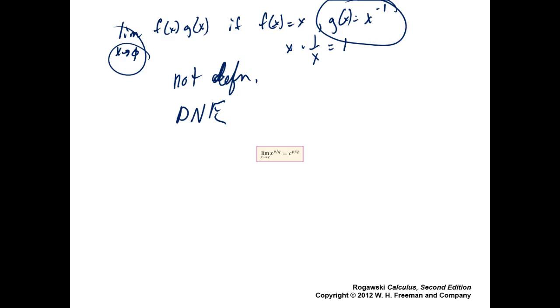Okay, number 2. Which of the following is a verbal version of the product law, assuming the limits exist? The product of two functions has a limit. Well, as long as the limits exist, yeah, the product of the two functions also has a limit.